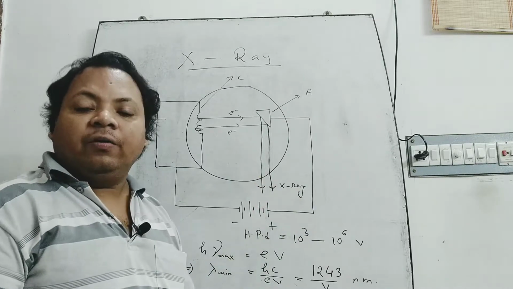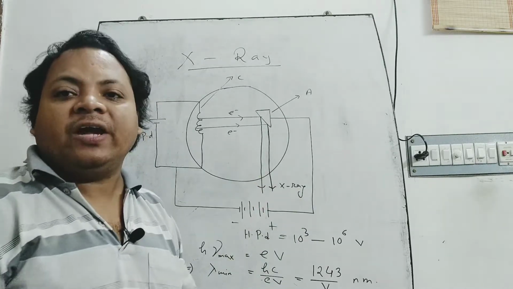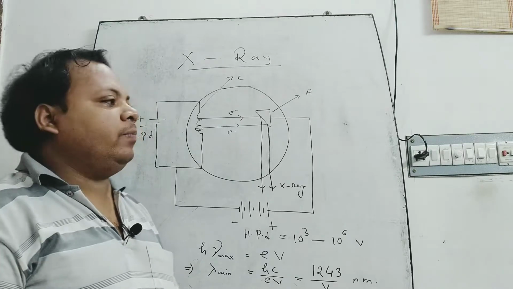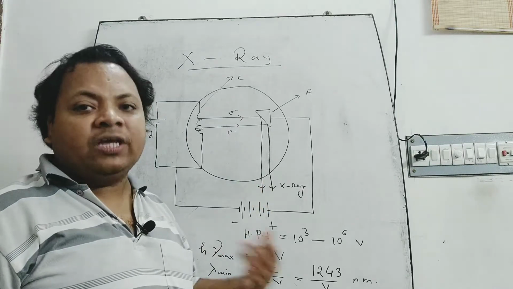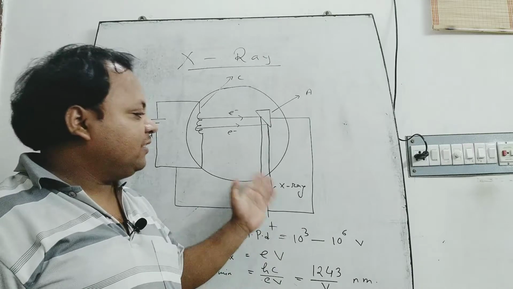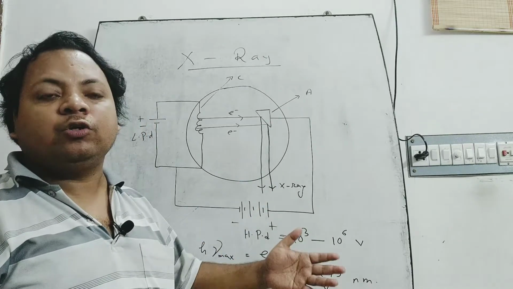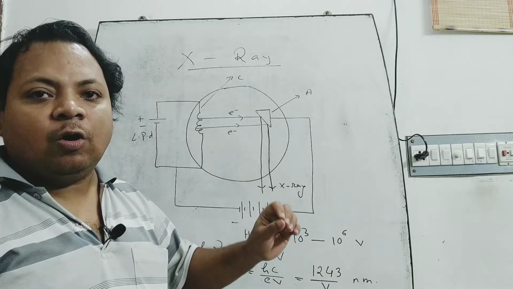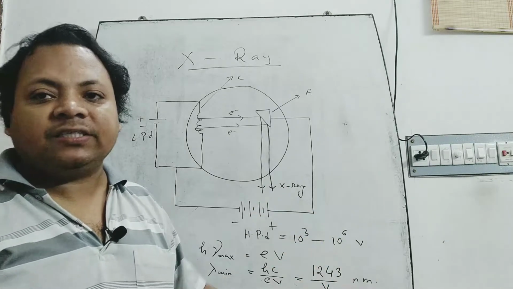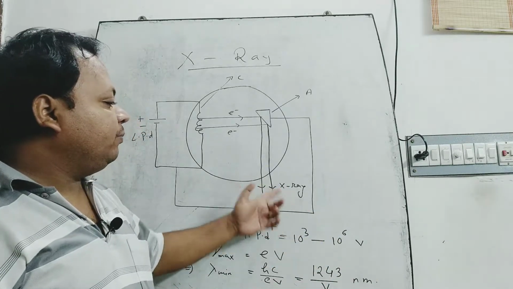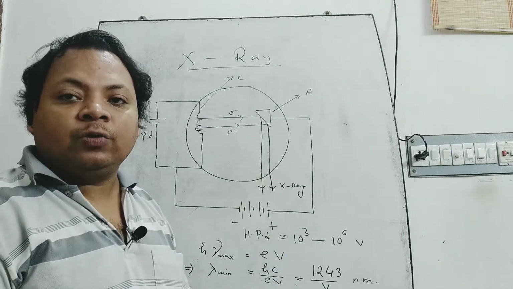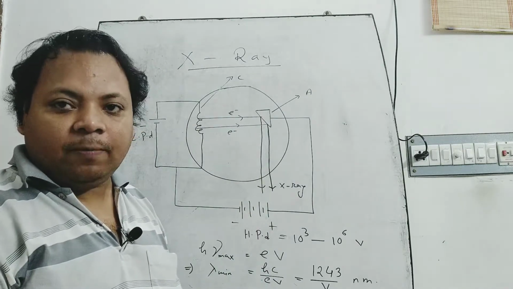X-ray is an electromagnetic wave, and we can treat the X-ray as photon particles according to Einstein, or according to quantum mechanics.